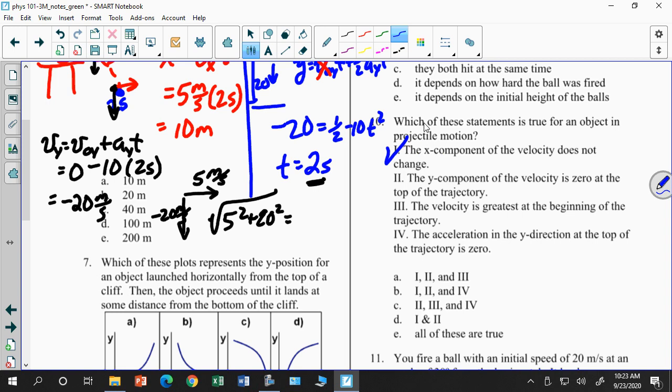True? Yes, true. The velocity is greatest at the beginning of the trajectory. True? Yes, because the y component of the velocity is the biggest there. The x component is the same all throughout. So yeah, true. The acceleration in the y direction at the top of the trajectory is 0. Not true. Thank you. So A is the right answer.